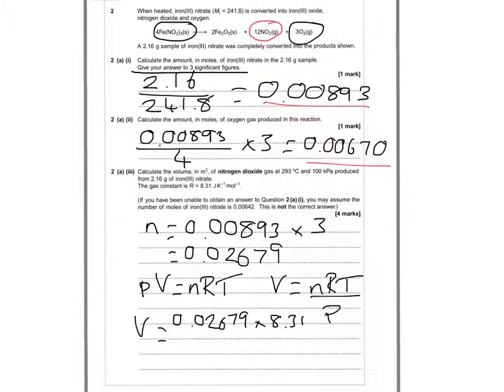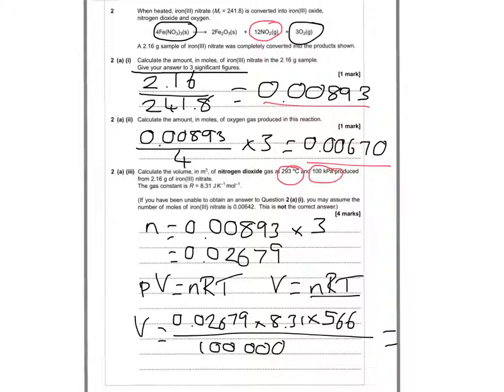Temperature. Now, they've given us a temperature of 293 degrees Celsius. We need to convert that into Kelvin by adding 273, and you get 566. So we're going to times that by 566 divided by the pressure, which is 100 kilopascals, but that's got to be converted into pascals, so that should be 100,000.